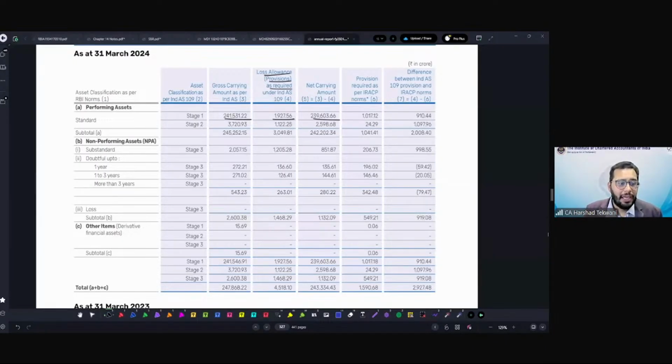Whenever you hear anyone talking about the gross exposure, or the exposure in the balance sheet of an NBFC, they are talking about this kind of exposure, NPA exposure. So this is how the NPAs are calculated in actuality, and this is how they are reported in the balance sheet. Clear? Any doubt?